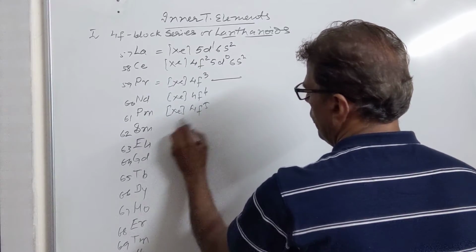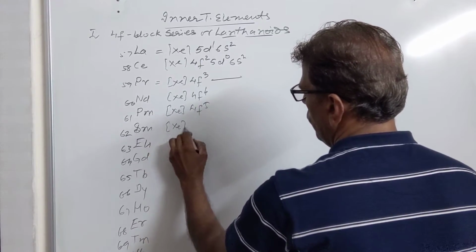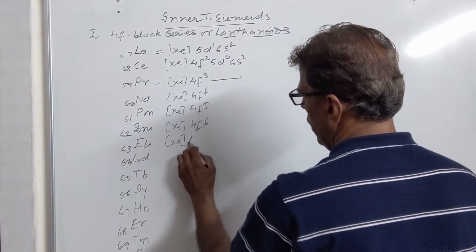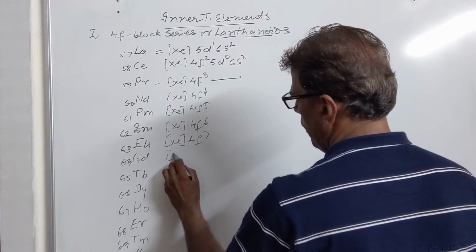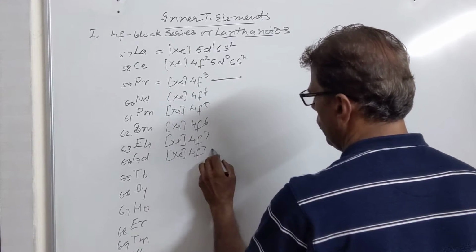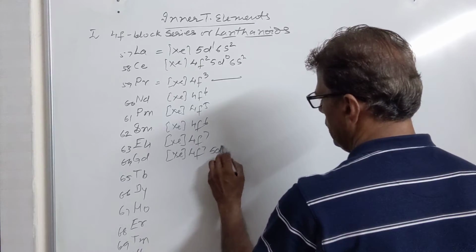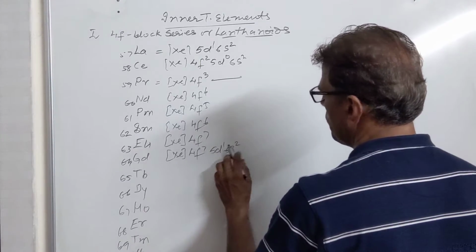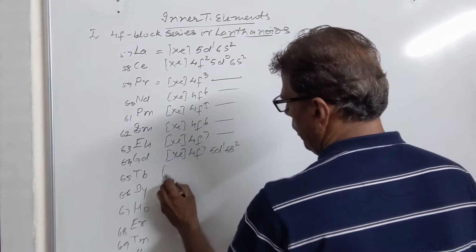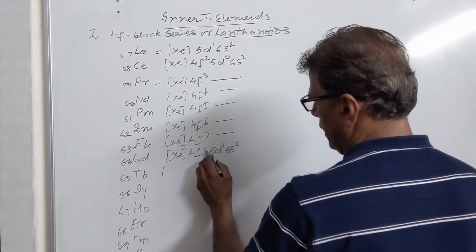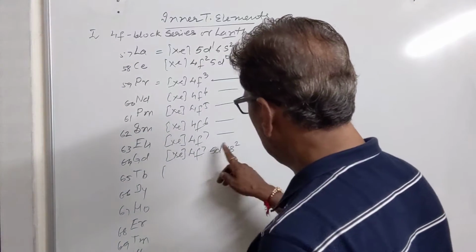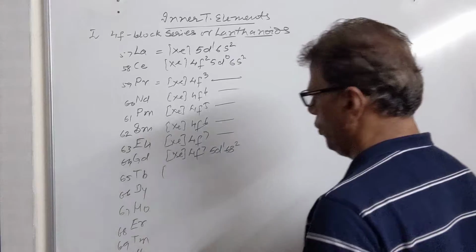4f5, 4f6, 4f7. Here also we have 4f7. One electron will go in that 5d subshell. Here 54 plus 7 gives 61, 62 and so on up to 64.